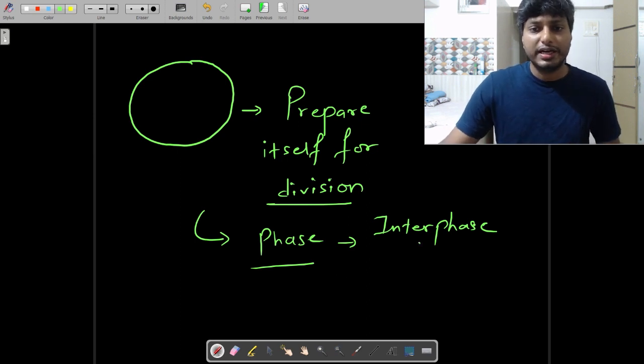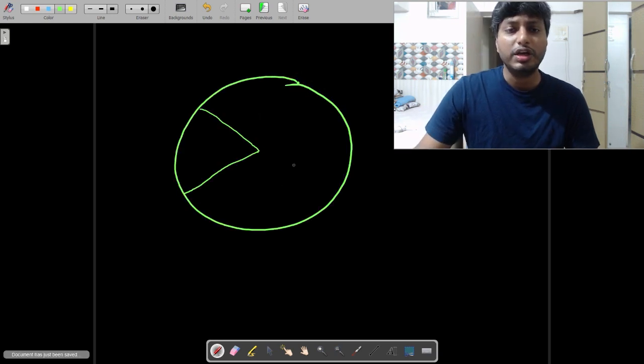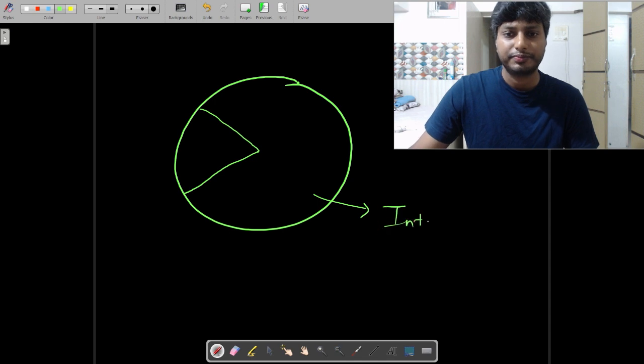That's why, dear students, interphase is also known as the preparatory phase. Always remember. Suppose this is a cell. Almost 3/4 part of the cell cycle is going to be taken by interphase.